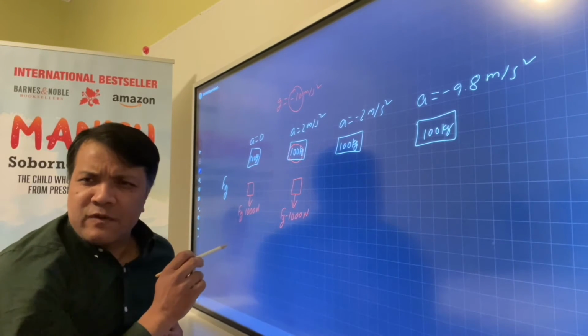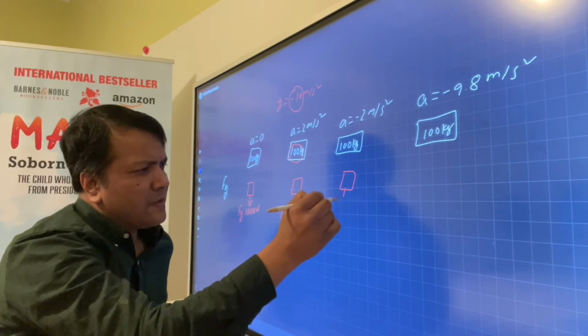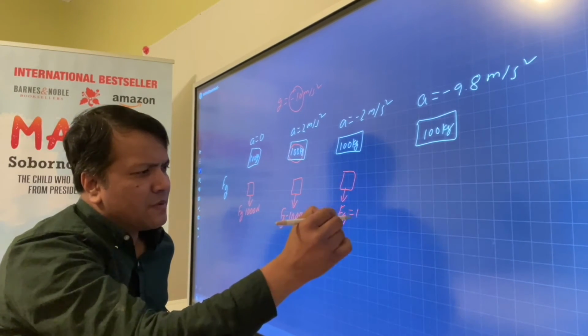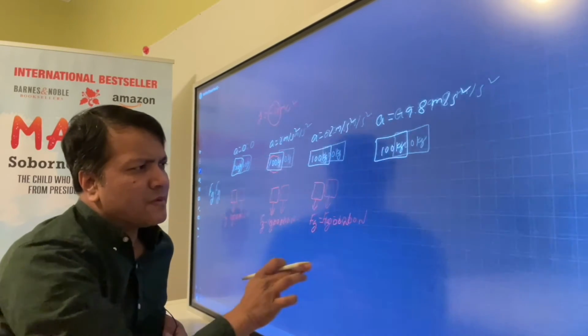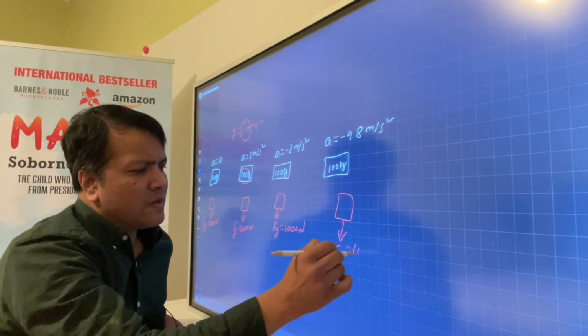There is another name for Fg, and that is the weight. Fg is 1000 Newtons, and Fg is also 1000 Newtons.